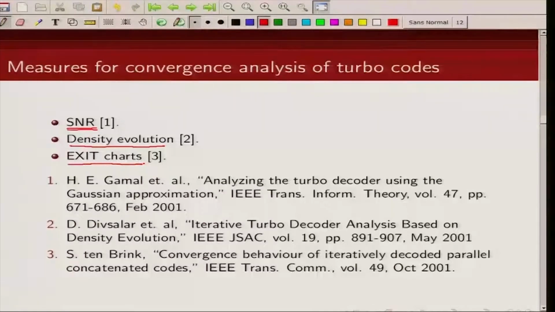And these are the 3 references, the first one corresponding to this SNR technique, the second one corresponding to the density evolution technique, and the third corresponds to the EXIT chart technique.